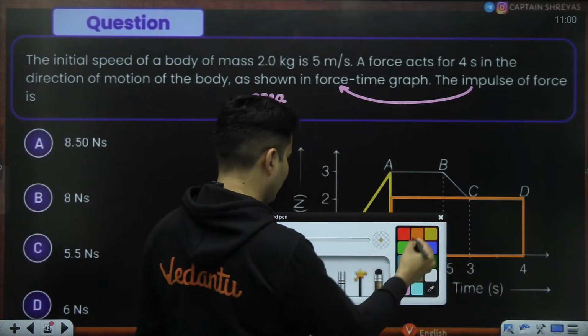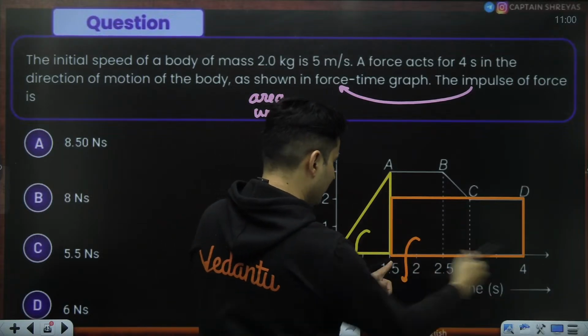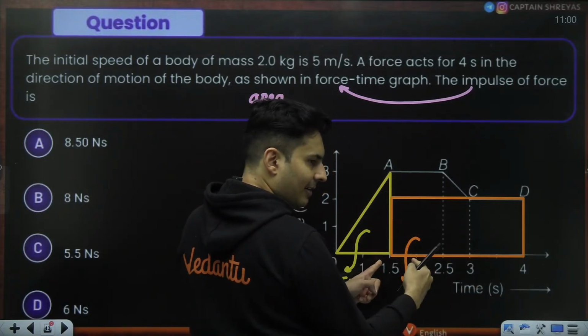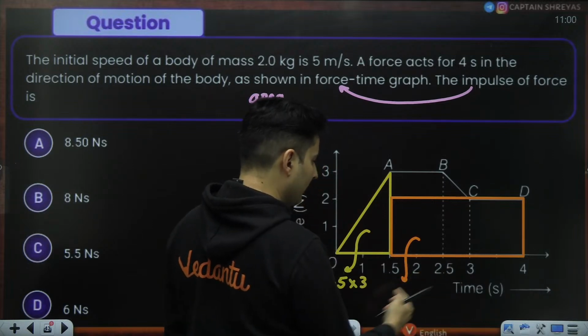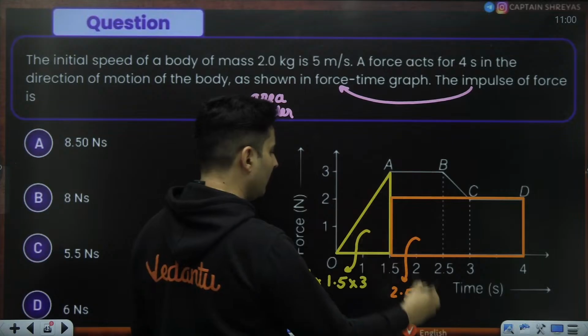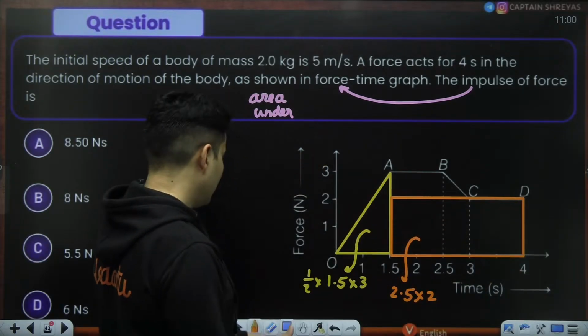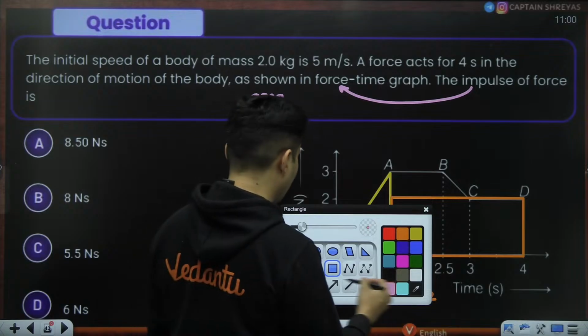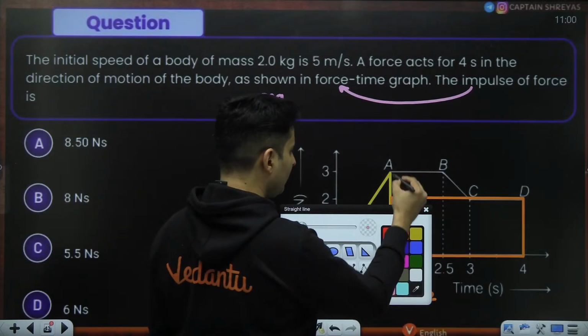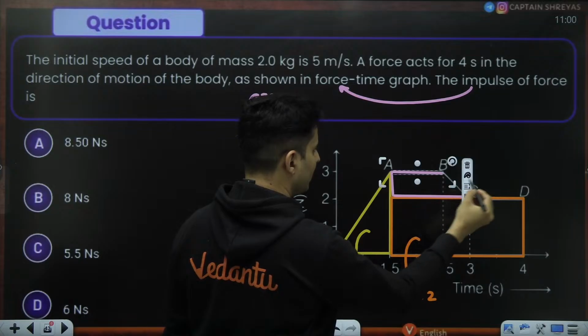Okay, directly you can find it out. So how much will that be? It will be base 4 minus 1.5. Is that right? So that will be 2.5. So 2.5 is the base multiplied by height, which is nothing but 2. So that is the area of this particular part. Then you will also need the area of this part, which is this much, which is a trapezium.